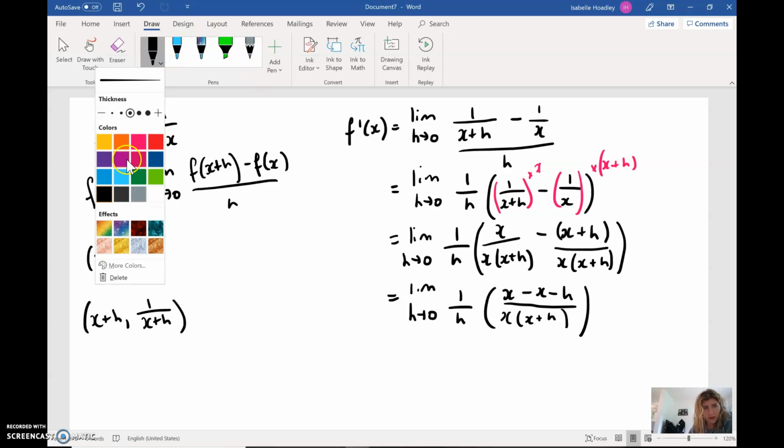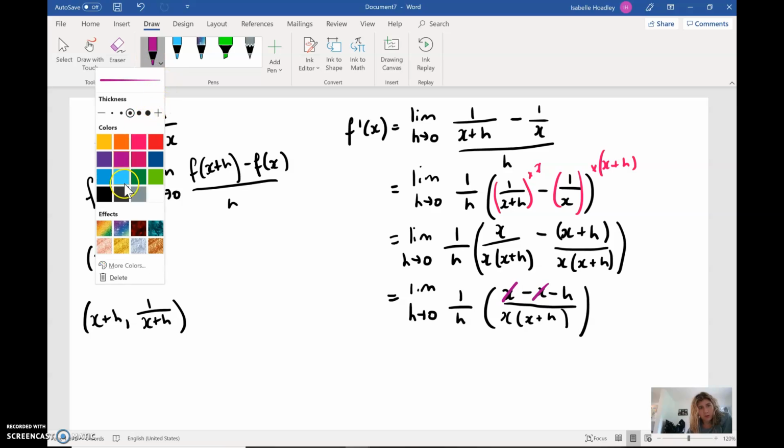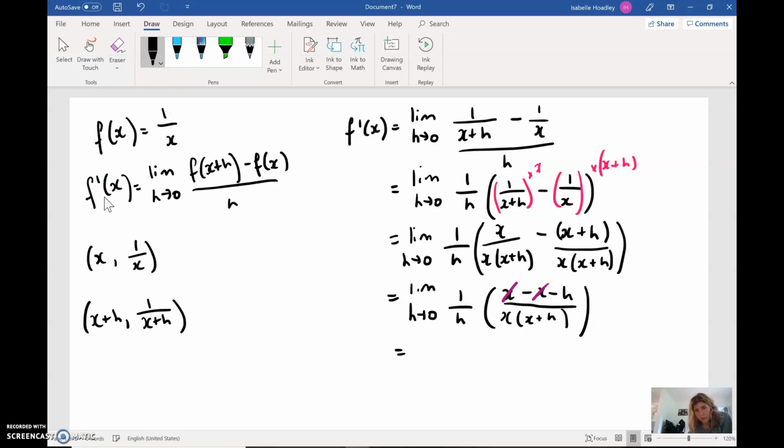We can start to cancel from here. So take away the x. We're left with our limit as h approaches 0, 1 over h, negative h over x bracket x plus h.